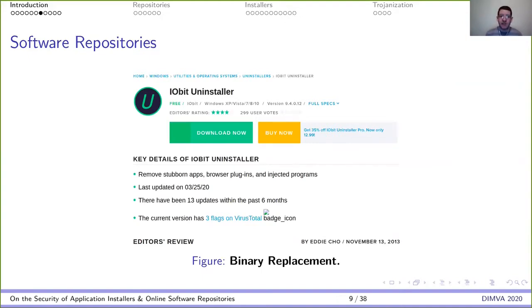The problem is that many repositories are not clear about that. So in most cases, the user is unaware that they are downloading a binary that's different from the one downloaded previously. So there's maybe another security risk, depending on which binary is distributed, or if a distinct version or even a Trojanized version of the binary is distributed in replacement of the previous, so far legitimate one.